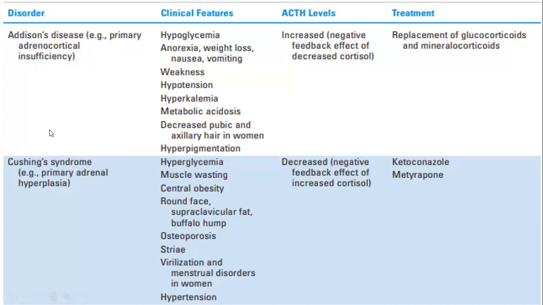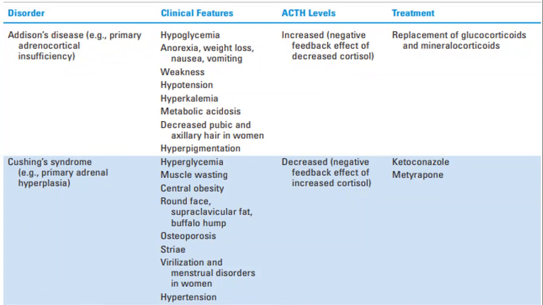This is most commonly caused by the administration of pharmacologic doses of glucocorticoids, and is also caused by primary hyperplasia of the adrenal glands. Take note, we also have the term Cushing's disease.